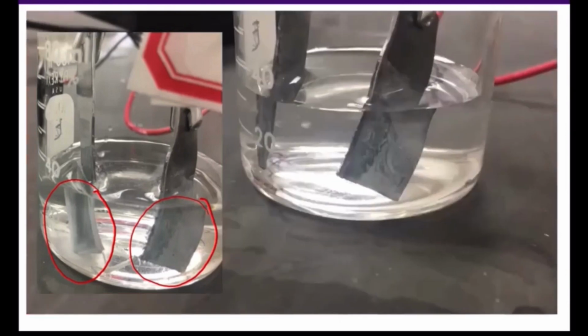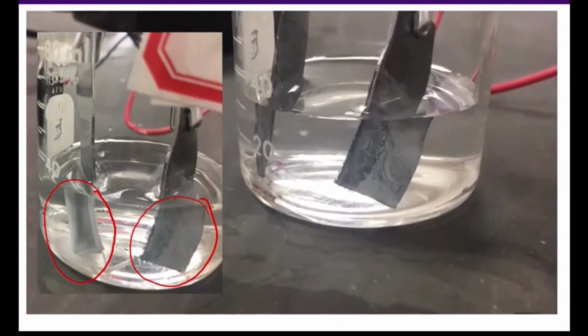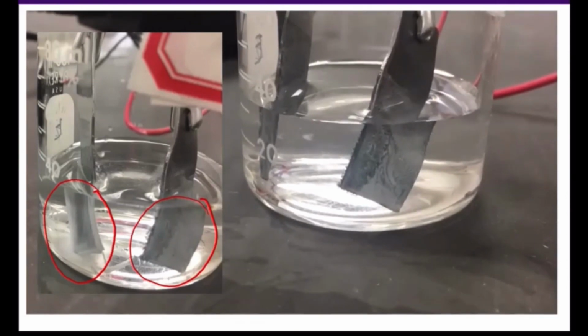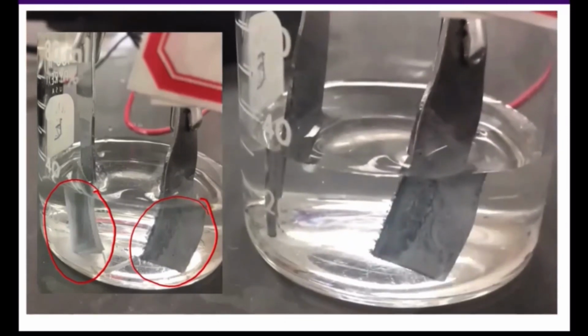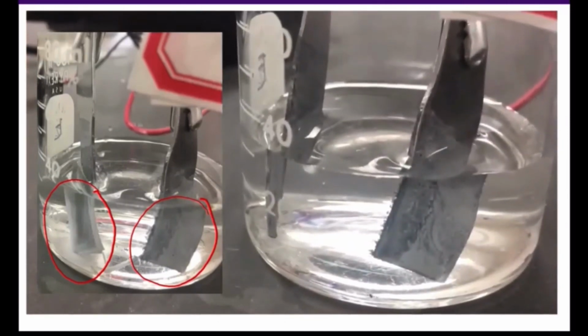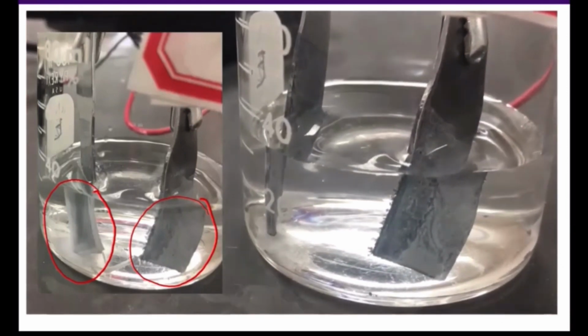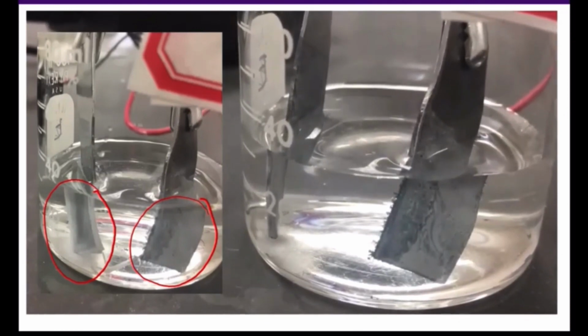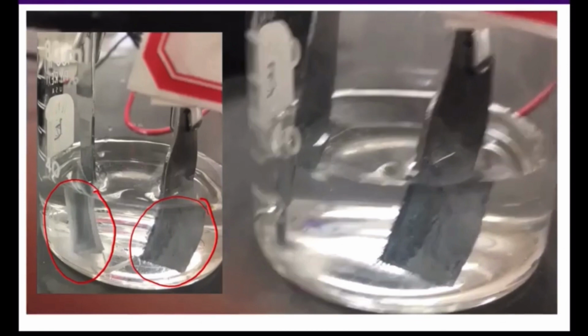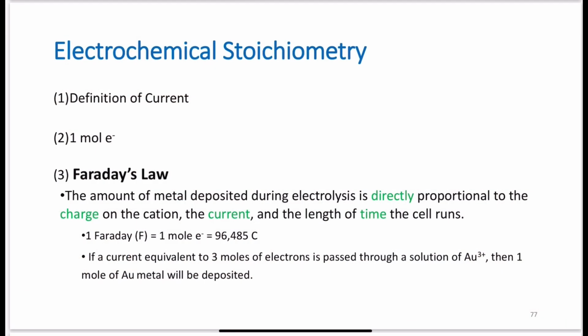At the end, this is the final picture of the zinc being oxidized, and it's being reduced onto the iron electrode. So we're plating zinc onto iron. Again, you can see the zinc being oxidized off of the zinc metal and being plated onto the iron. So again, that video is just showing you what electroplating looks like.